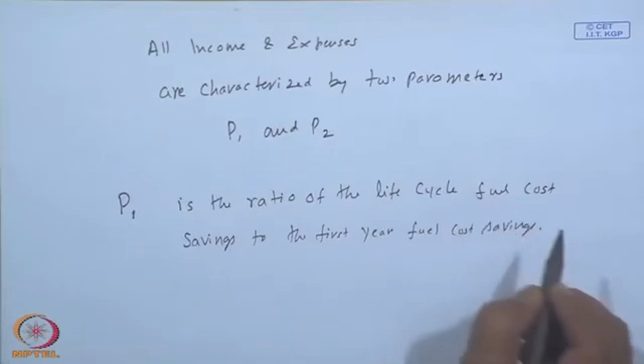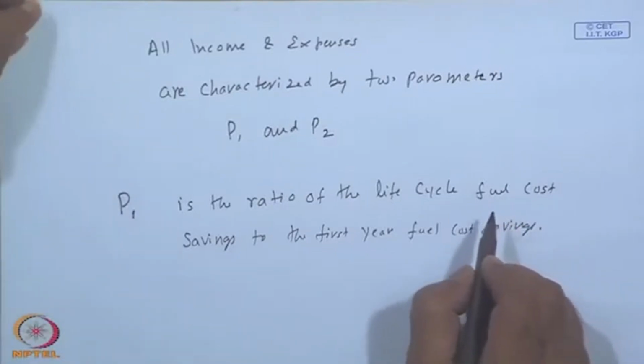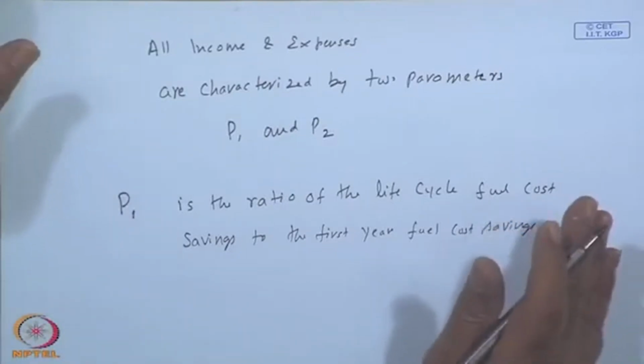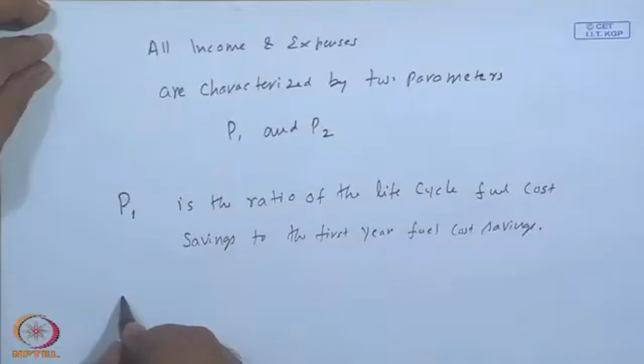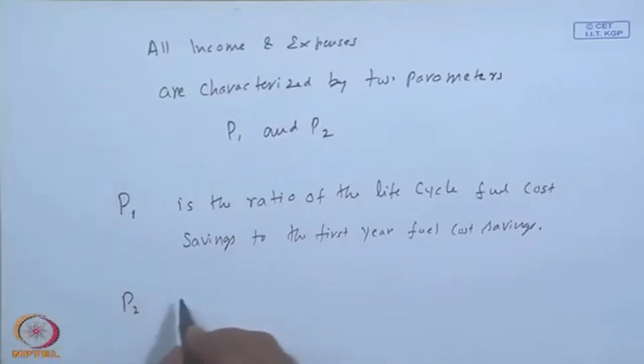In other words, this P1 will take into account how the fuel prices are going to change over the life cycle of the solar energy system, and P2 similarly is an indicator of the expenses.